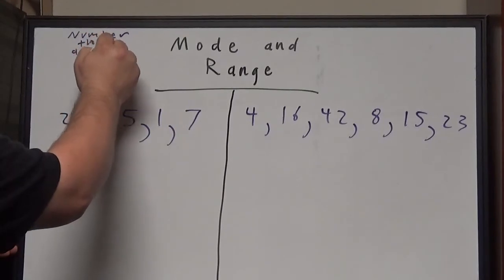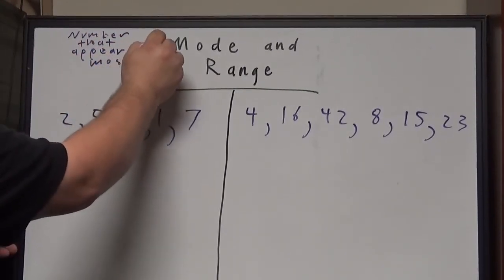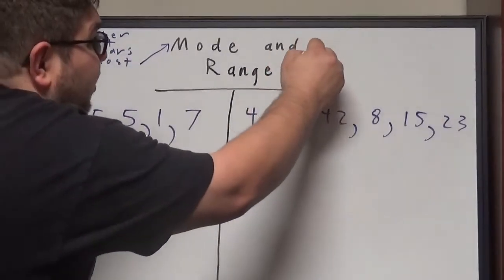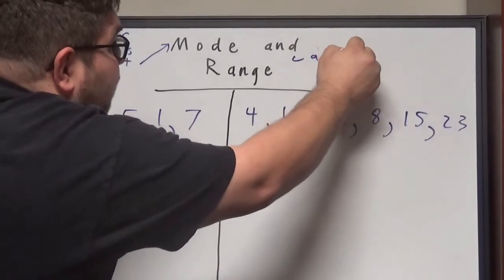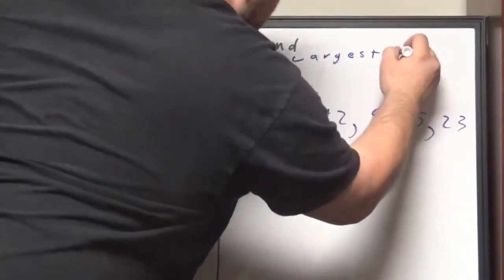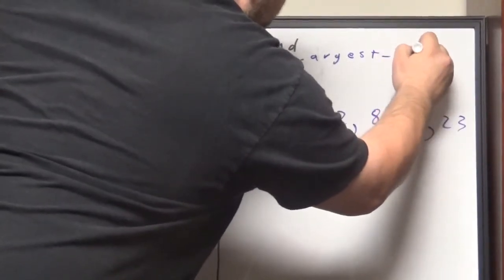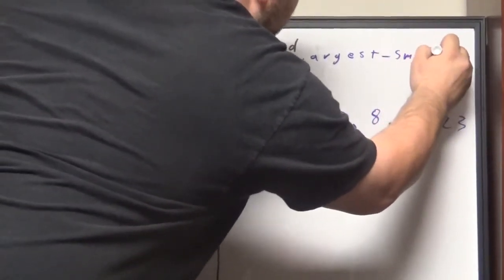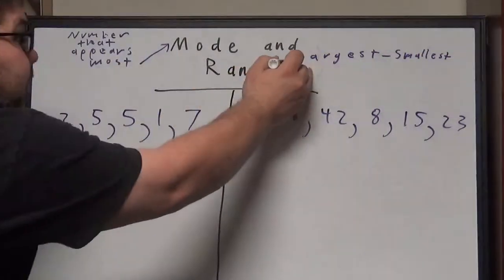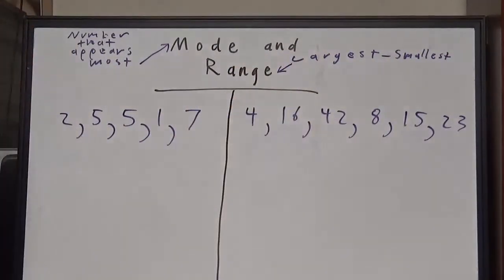And range is your largest number minus smallest. So range, largest minus smallest.